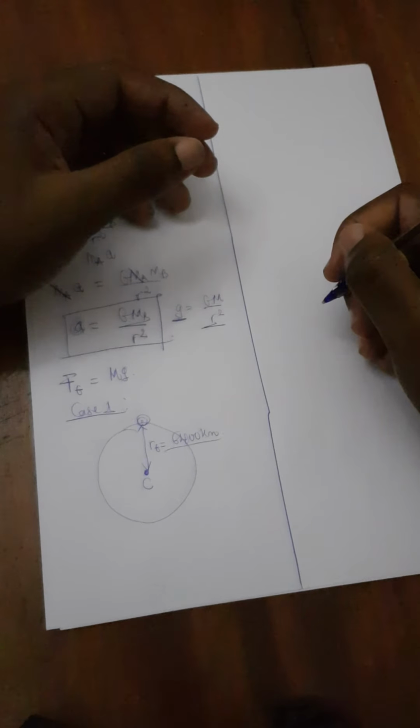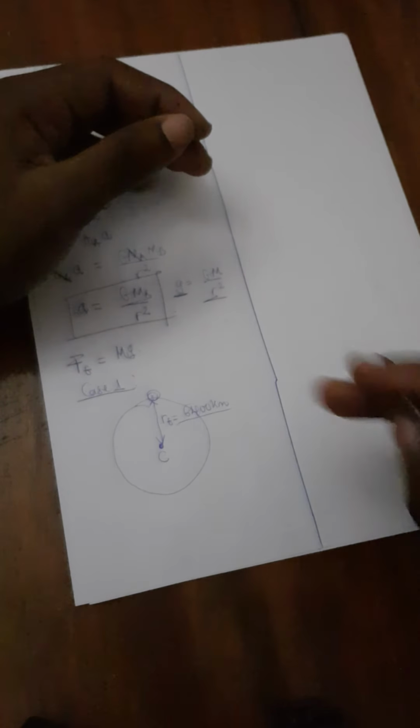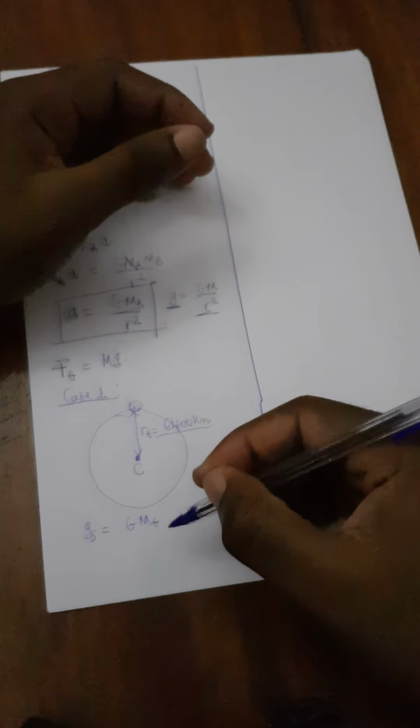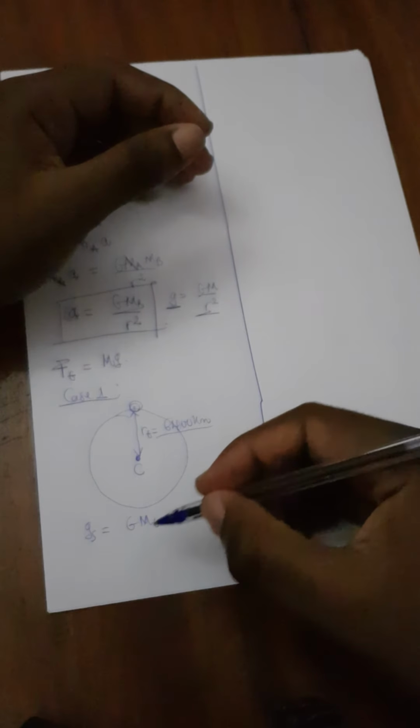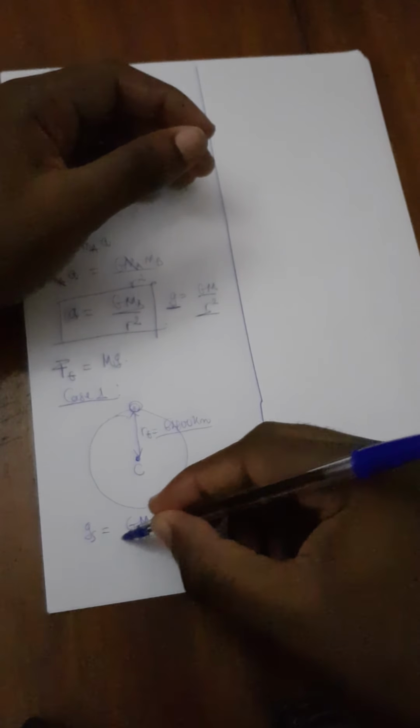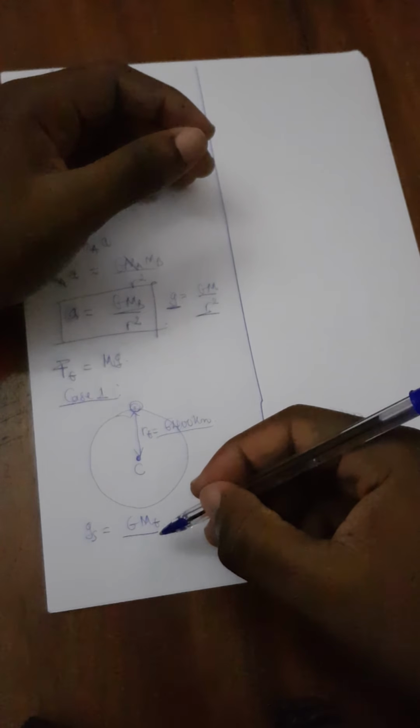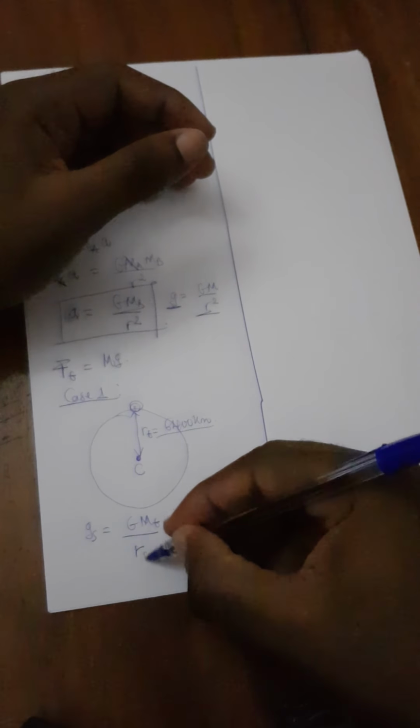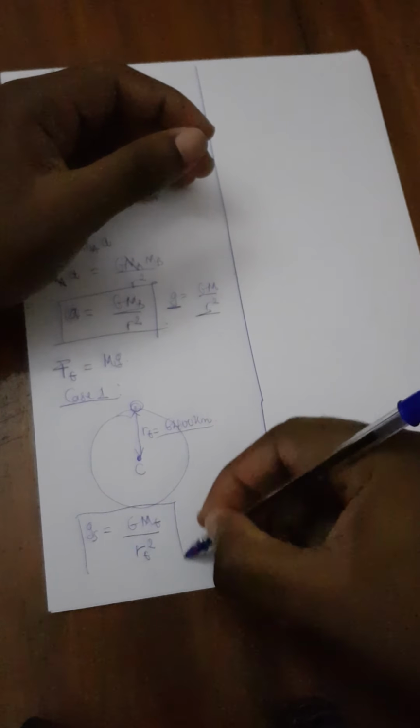So the formula of gravitational field strength at the surface of the Earth is quite easy, which is G m of the Earth all over r_E squared. This is the formula.